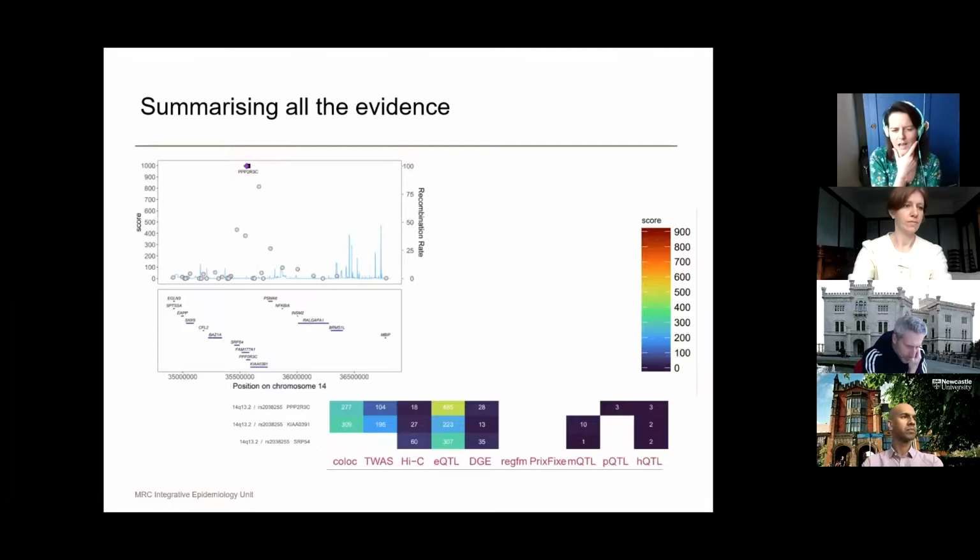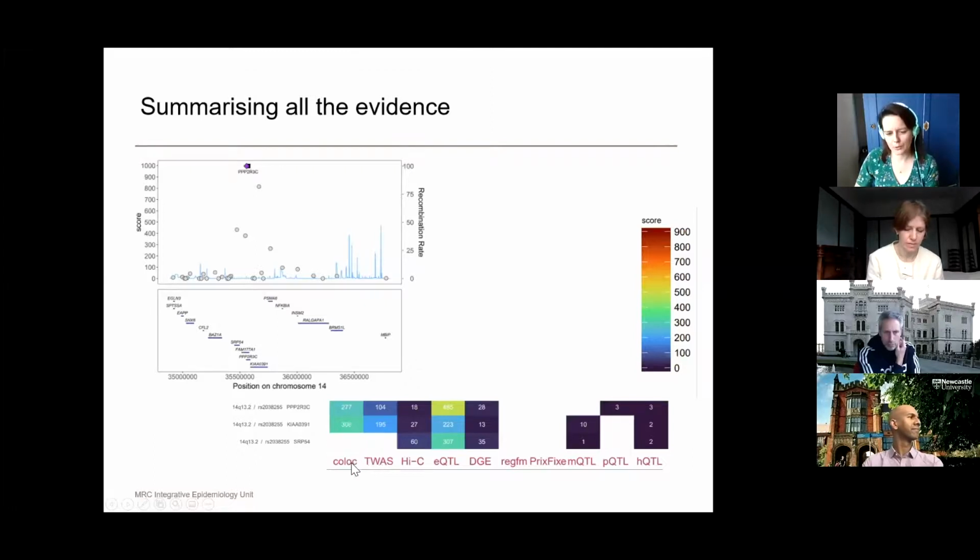So it can be really hard to unpick what's going on with some of these data sets. We've just written a paper, and I'm hoping it's going to be out on bioRxiv either this week or next, as a way to summarize all of the evidence. For each gene in a GWAS locus region, we've tried to generate a score that summarizes all of the evidence for whether that gene might be causal or not. For this particular locus, we get the highest score for PPP2R3C, and second highest for this KIAA0391 gene, and the rest of them are much lower.